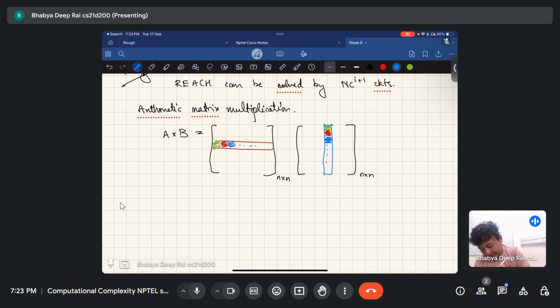So if this is row i and this is column j, then in the resulting matrix I'll put their sum in the index (i, j), that is the ith row and jth column of AB.